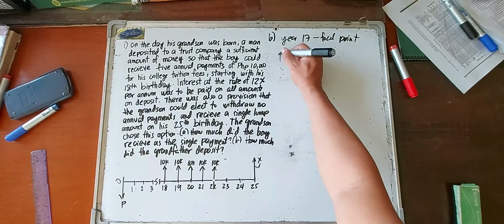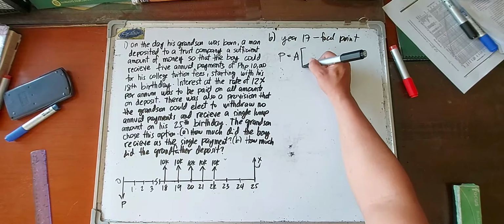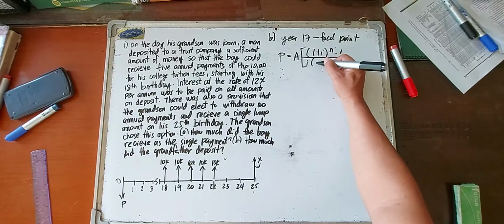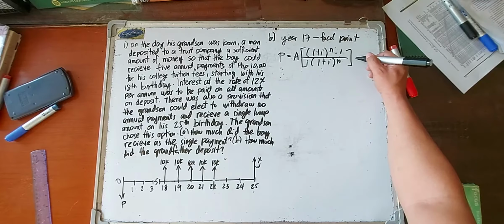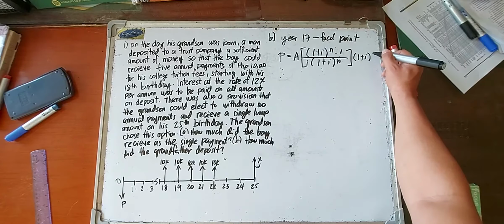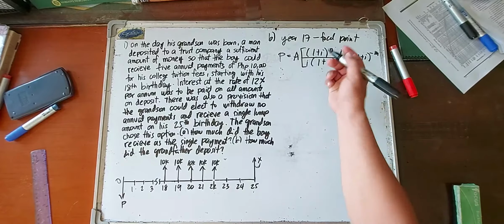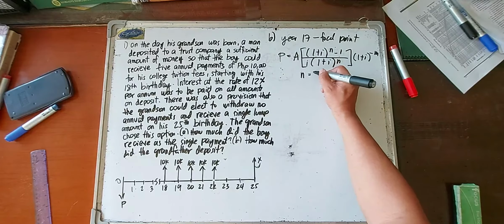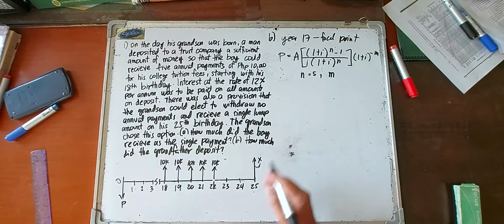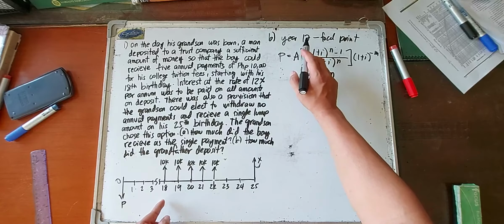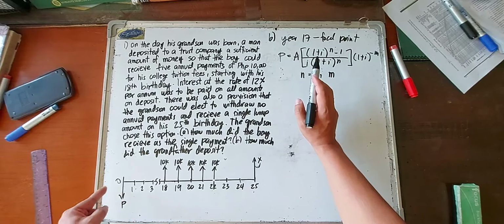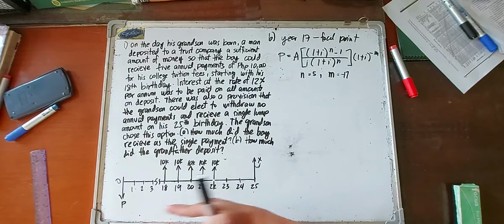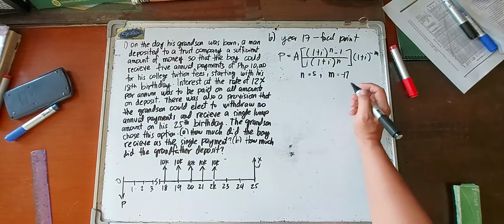Okay, if that is the case, since we're solving for the present value, formula natin, so N would be, so still 5 years itong periodic payments natin, so N would be 5 of course, and M would be 17, since our focal point is 17th year and we're going to solve for the equivalent value at the present or at the starting point, then of course M is negative 17 since pa left yung ating movement. Okay, so 17 yan.